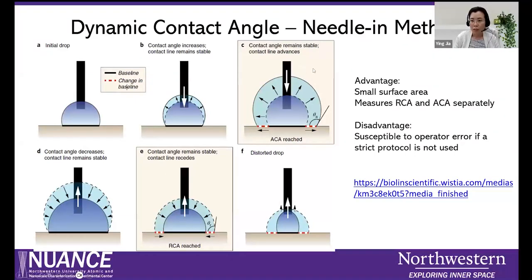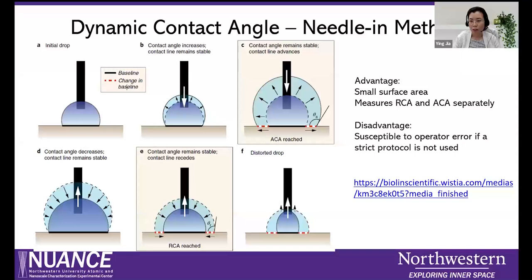This one measures more reliably because it separates the advancing and the receding, and it uses a smaller droplet, so you don't need a very big sample. The disadvantage is that you need to follow a very strict protocol, otherwise you can introduce some operator error.